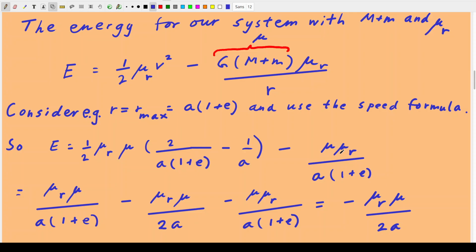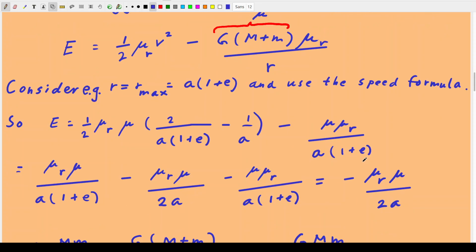And then here is the gravitational potential energy. So you have minus μ, and then the reduced mass, and then over r, which is the maximum r in my example, a times 1 plus e.